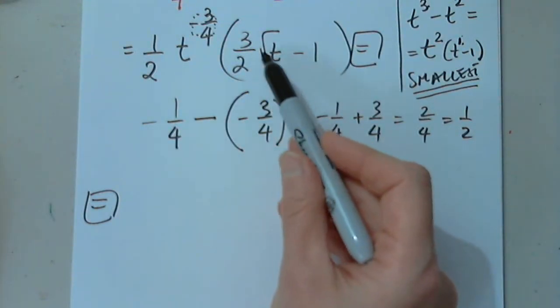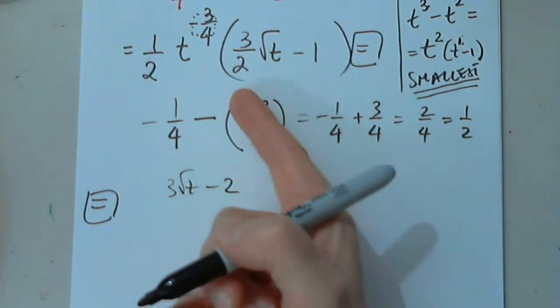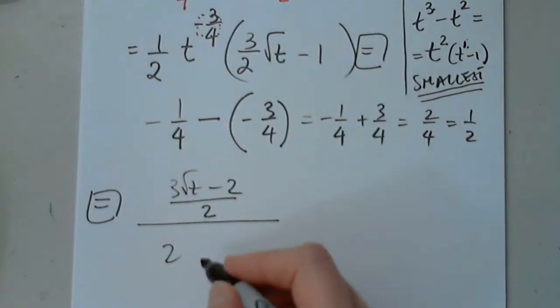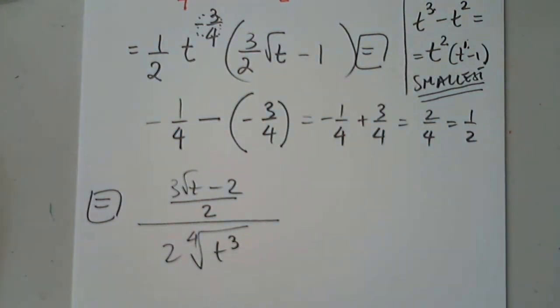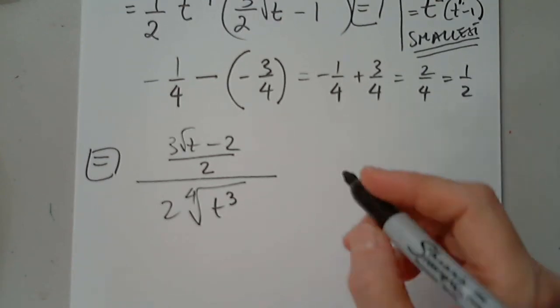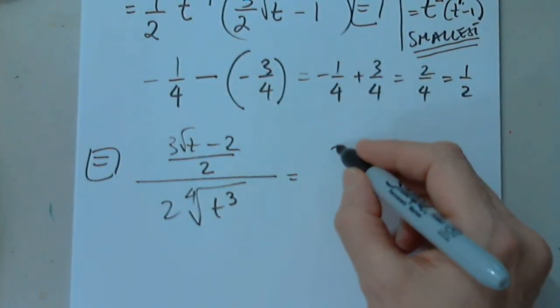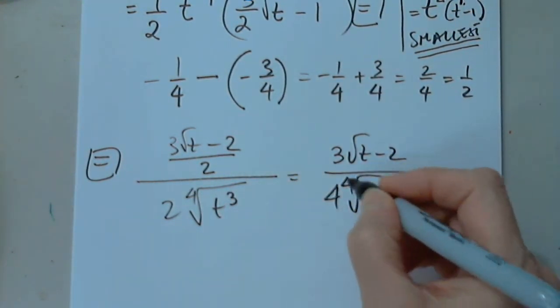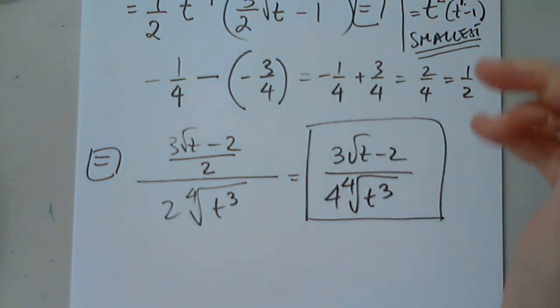So 3 times the square root of t minus 2, divided by 2, and everything over 2, and I bring the 4th root of t to the 3rd in the denominator. Any questions? Okay, so I can just write one more step, and I have 4 times the 4th root of t to the 3rd. This is the derivative.